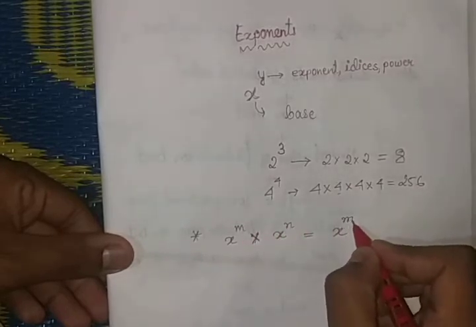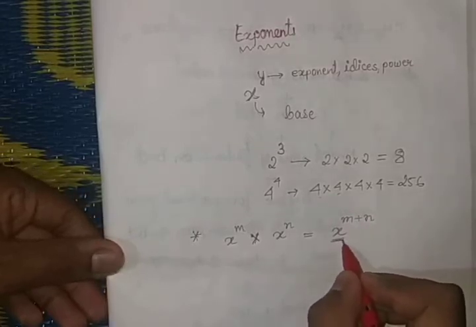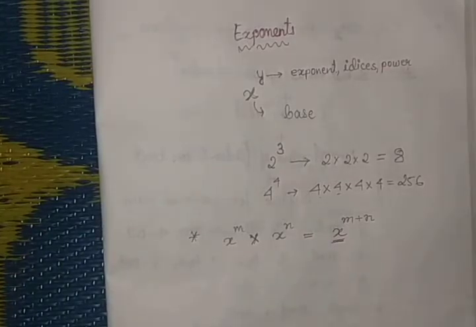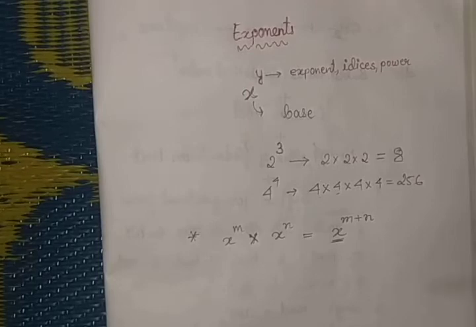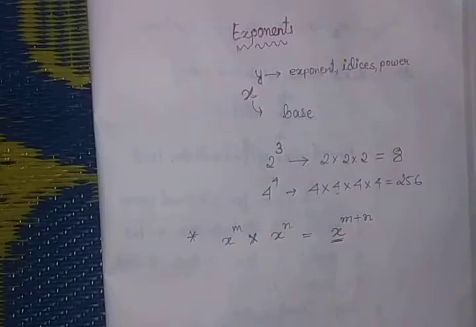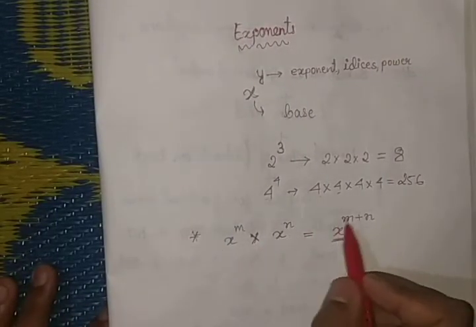We write the base a single time and do m plus n. But the condition here is that the bases should be the same, not different. Here in both cases the bases are x, so we just add the powers.